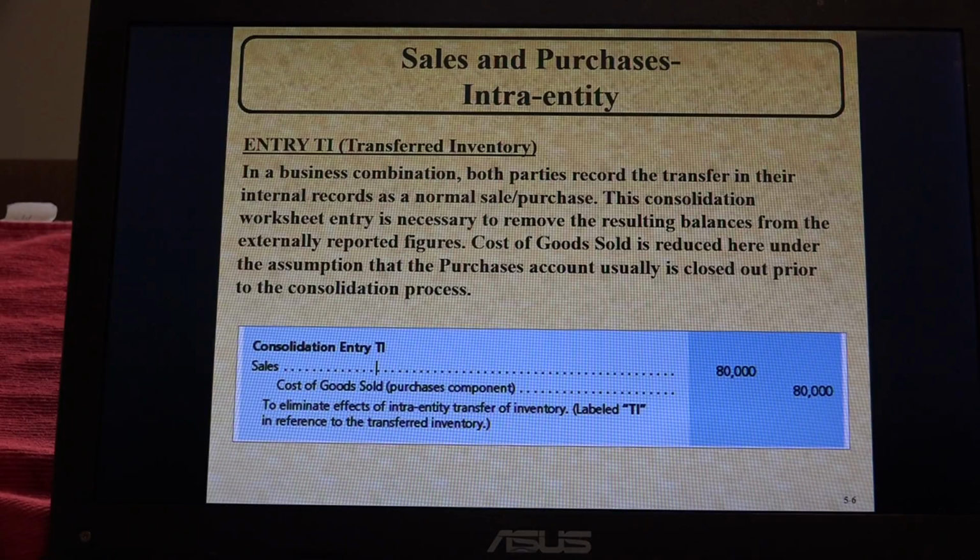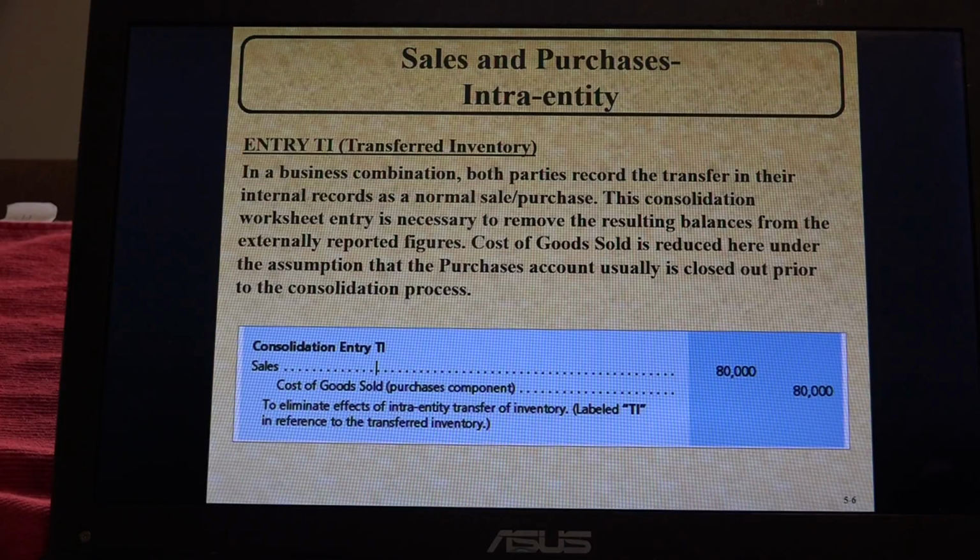And so in order to do so, this entry TI reduces sales by the amount of intra-entity sales. In this case, sales are 80,000, which is kind of small, but let's just go with it. From one company to the other, parent to sub, sub or parent, doesn't matter. You still have to do the same deal.